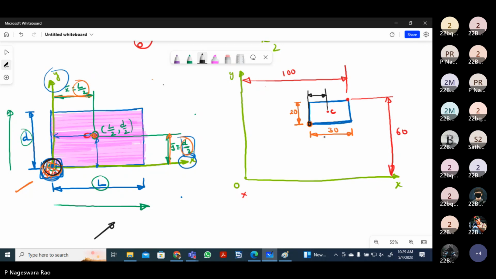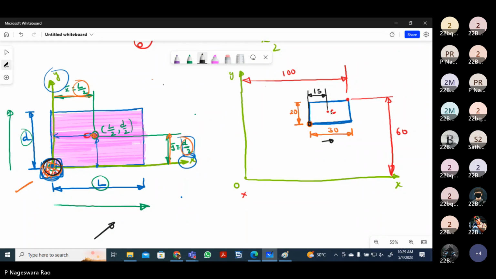What is the length of this member? 30. So it will be half of that, 30 by 2, which means 15. Hence I am writing 15.